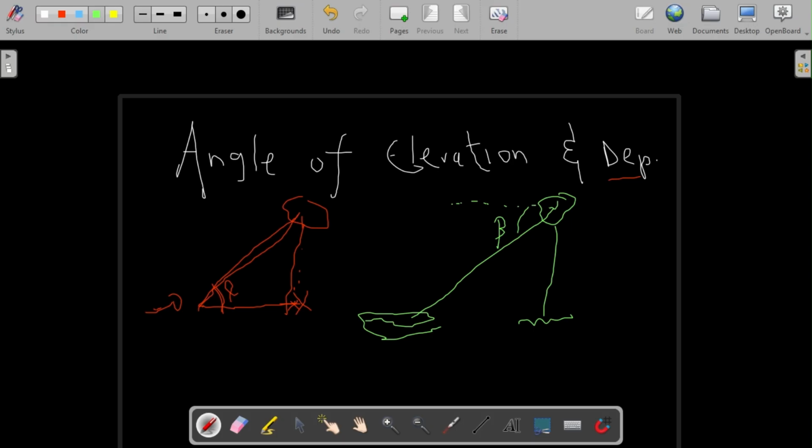Depression. See where many students make the mistake. Instead of putting the angle here, they come here and put the angle there. Whenever you put the angle here as your depression, I can assure you that your answers cannot be correct. So when you're solving questions on angle of elevation and depression, you should always consider that horizontal line, which is the datum.